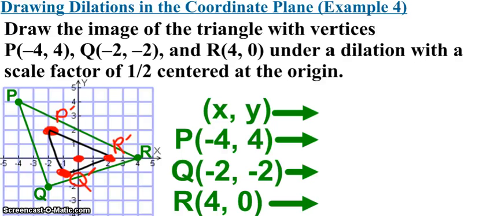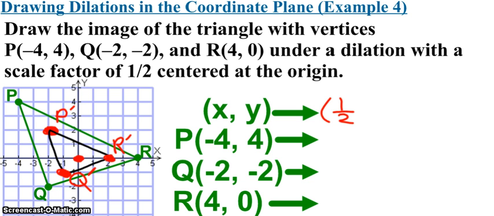Now, how are we going to do this with the table? Well, we're just going to take half of each ordered pair. With our x value, I want to do this in red, so let me erase that. With our x value, we're just going to multiply it by, what's the scale factor? 1/2.